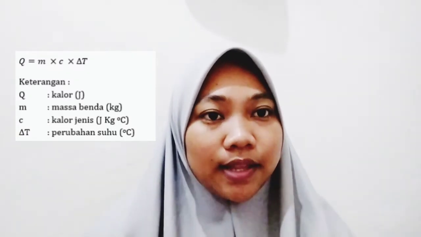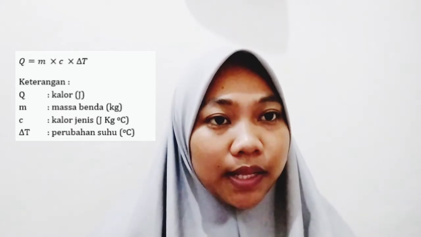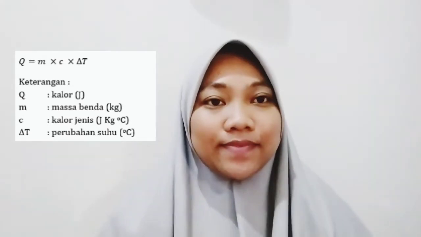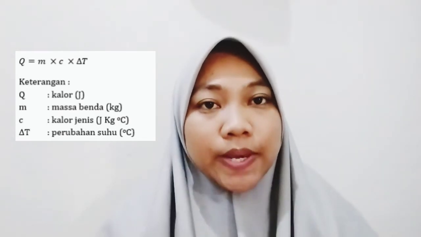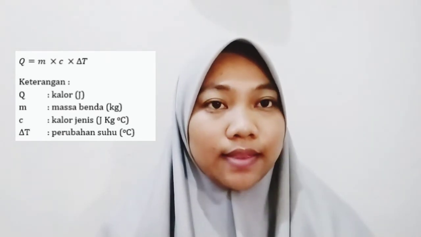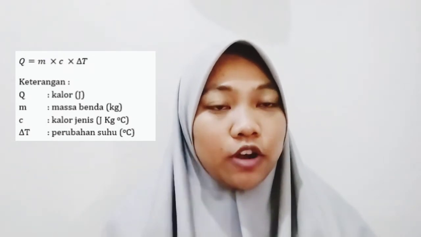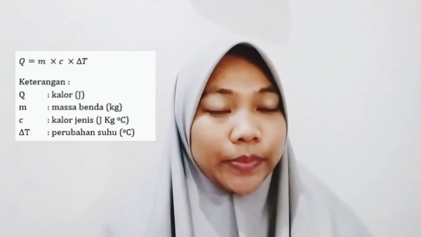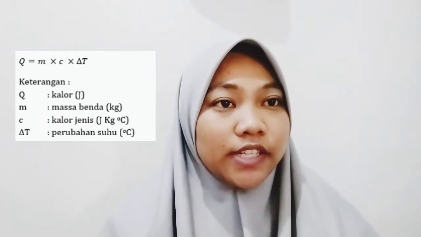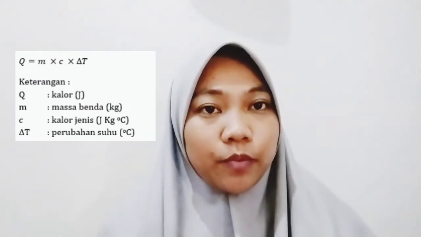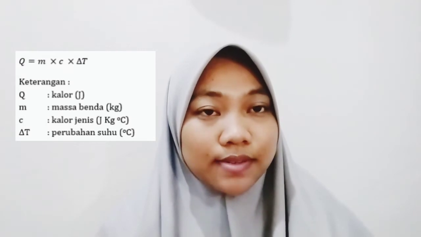Q equals M times C times delta T plus M times L, where Q is the amount of heat, M is the mass of the object in kilograms, C is the specific heat in J per kilogram per degree Celsius, and delta T is the change in temperature in degrees Celsius.